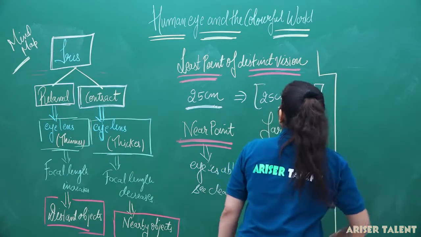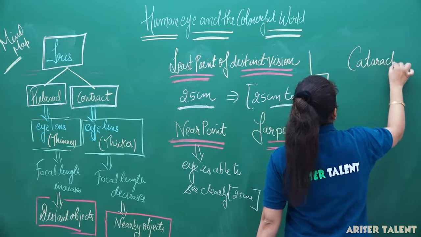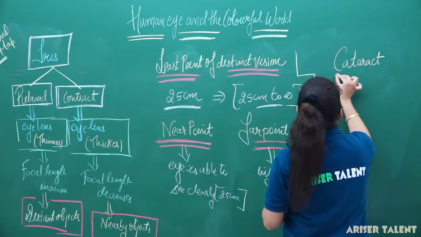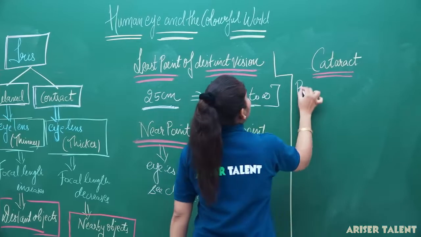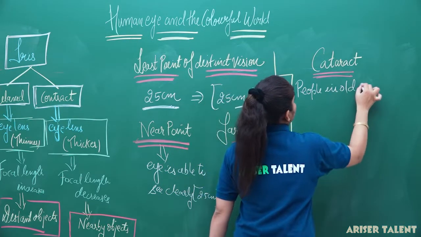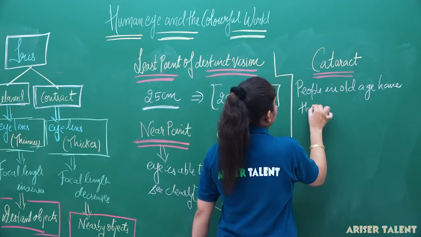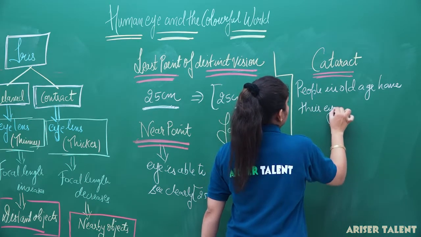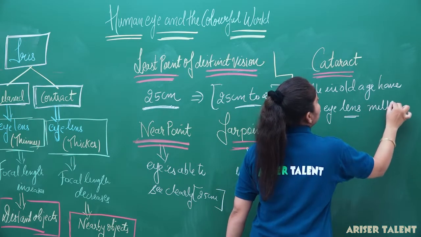So one more important point is about the cataract. Now what is this cataract? Cataract is when people in old age have their eye lens become milky or cloudy.